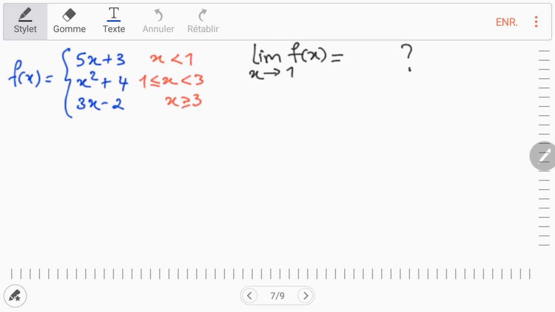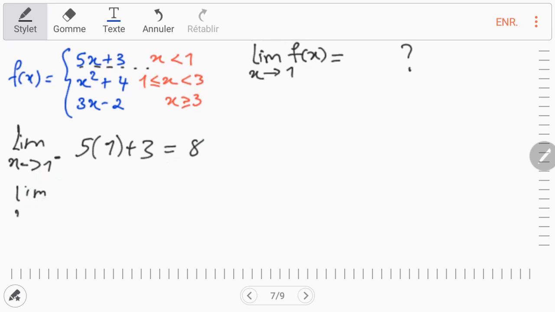Here we are given a function and we are asked to find the limit as x approaches 1. We cannot go directly; we need to find the left side limit and the right side limit as x approaches 1 from the left side and from the right side. Therefore, for the limit as x approaches 1 from the left side, the value is found in this portion, which is 5 into 1 plus 3 equals 8.